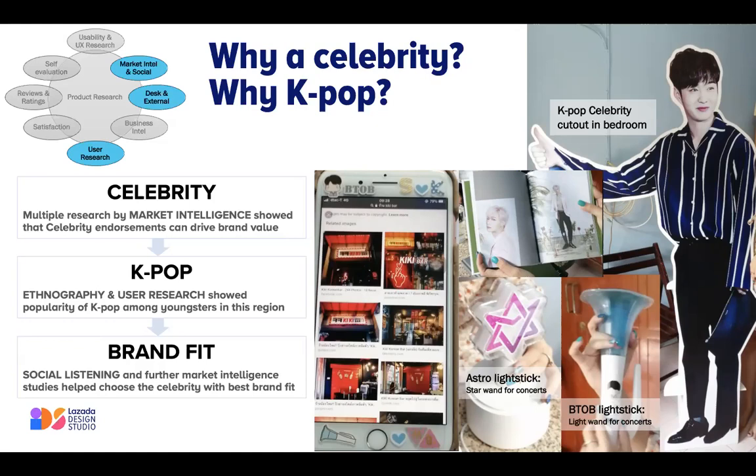We all know this region is very varied in language, culture, religion. There's a lot which is different, but yet there are some things which bind us all. And K-pop seemed to be it.